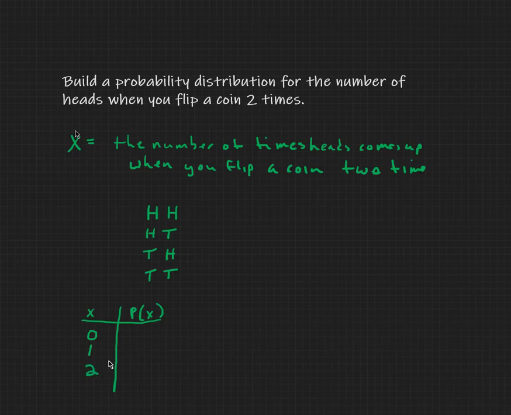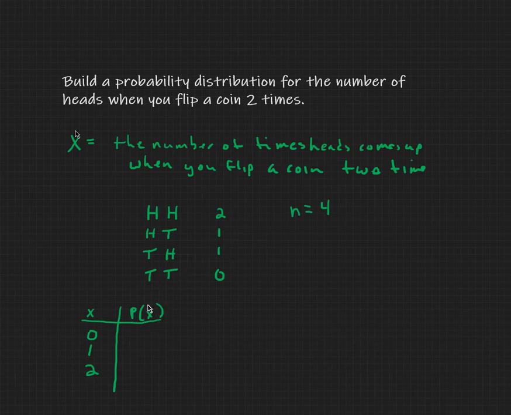Those are all the possibilities of my x. And then I'm just going to count how many heads I have here. I have 2 heads in this case, 1 head in this case, 1 head in this case, and 0 heads in this case. And my total number of possibilities is 4.